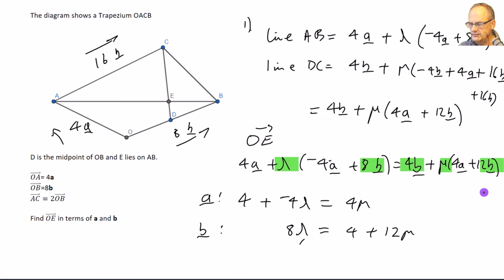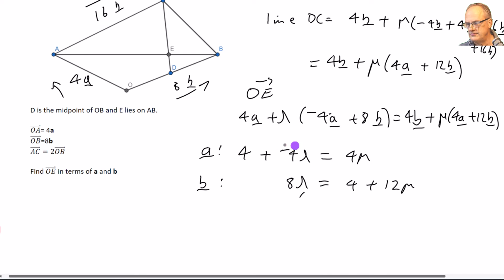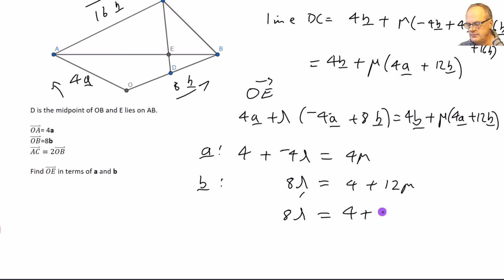And what we're going to do is solve those two simultaneous equations. Now 4 mu equals this, so therefore 12 mu will equal 3 times this. So let's substitute 3 times this in for 12 mu. We're going to get 8 lambda equals 4 plus 3 times 4 minus 4 lambda.